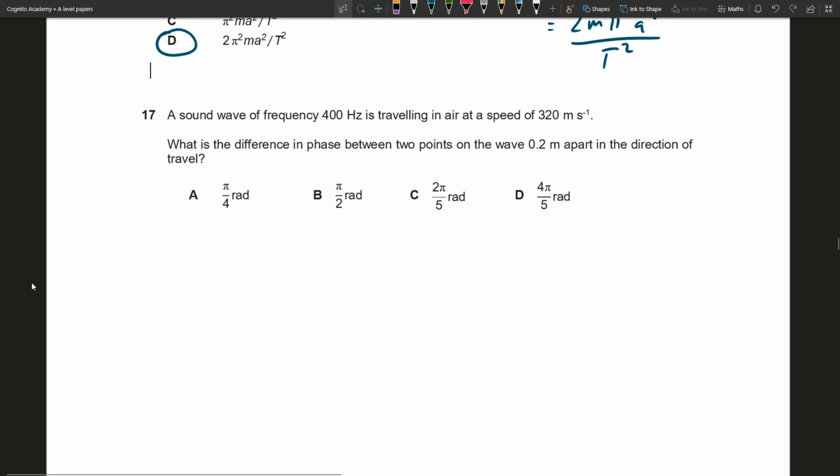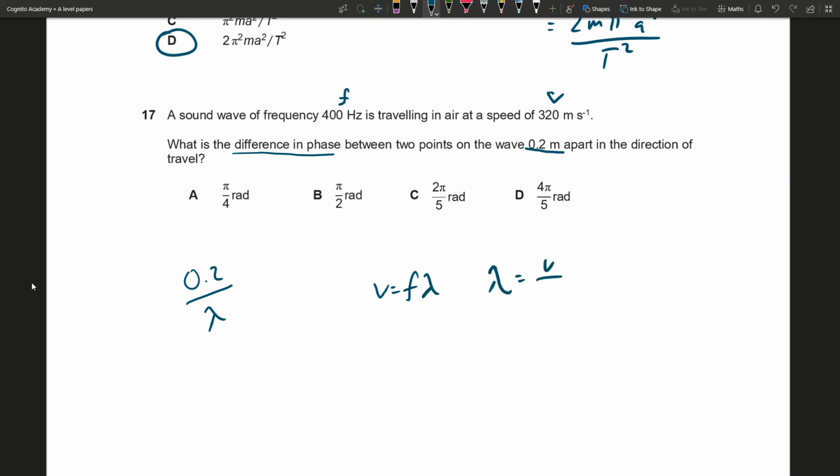Question 17. A sound wave of frequency 400 Hz is traveling in air at a speed of 320 meters per second. This is our velocity, and we are asked what is the difference in phase of 2 points 0.2 meters apart. So our phase difference is just 0.2 divided by lambda, and to find lambda we just take v equals f lambda, or lambda equals v over f.